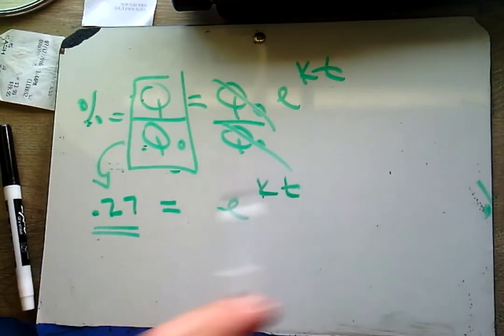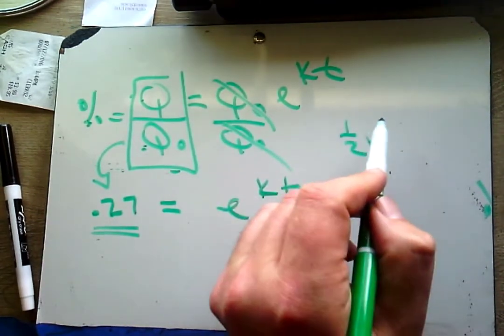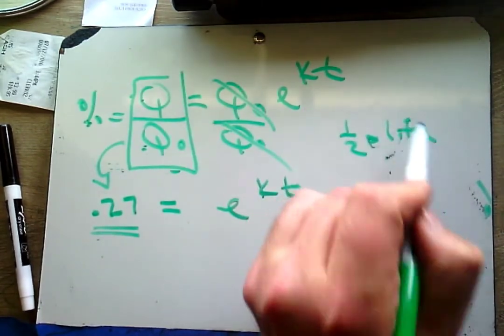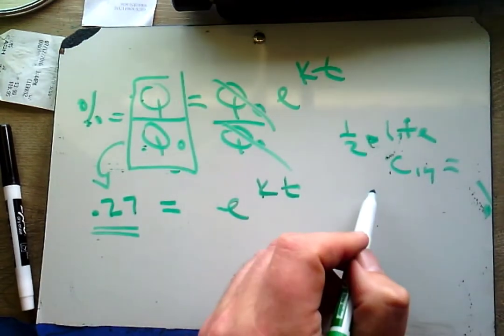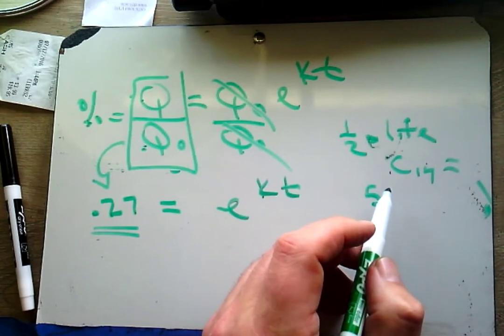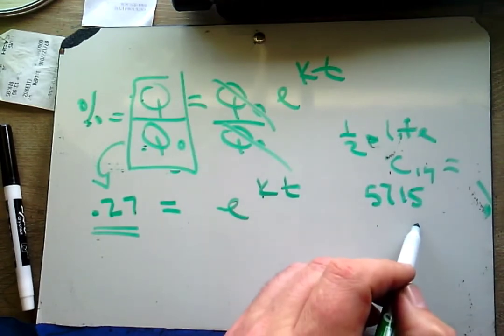Well, let's talk about half-life of carbon-14. Remember what I said about it? So the half-life of carbon-14, our book is using 5715, I think.